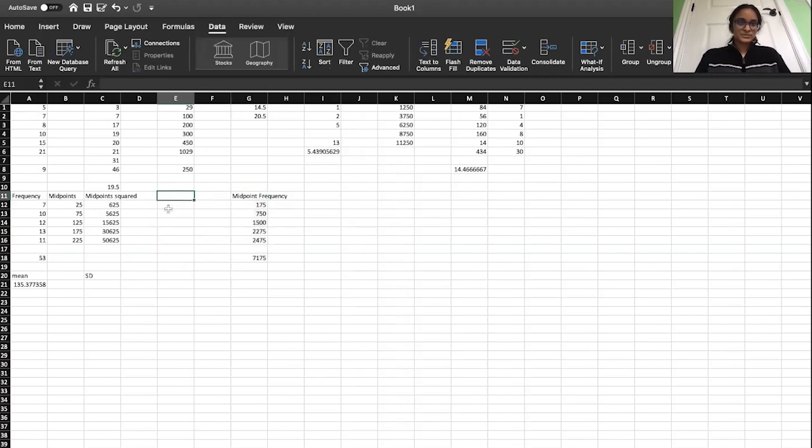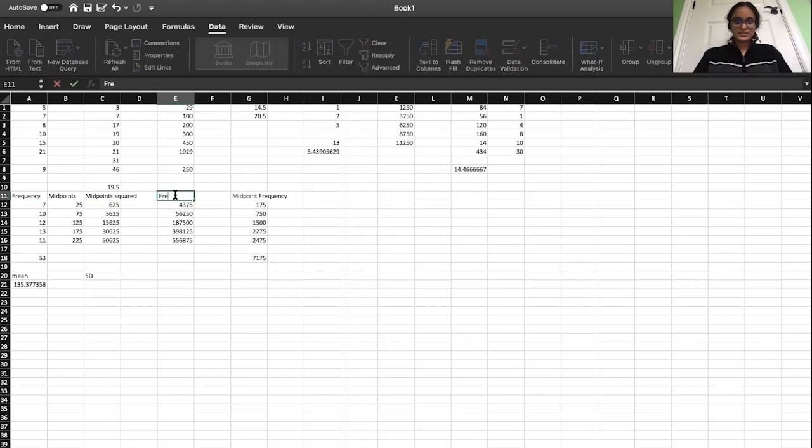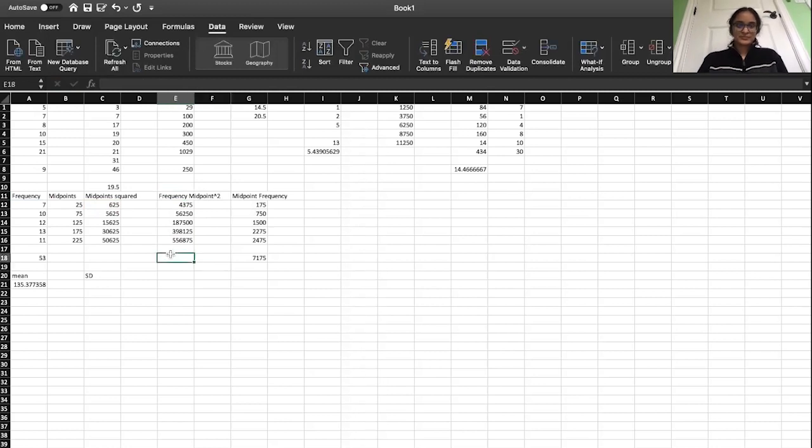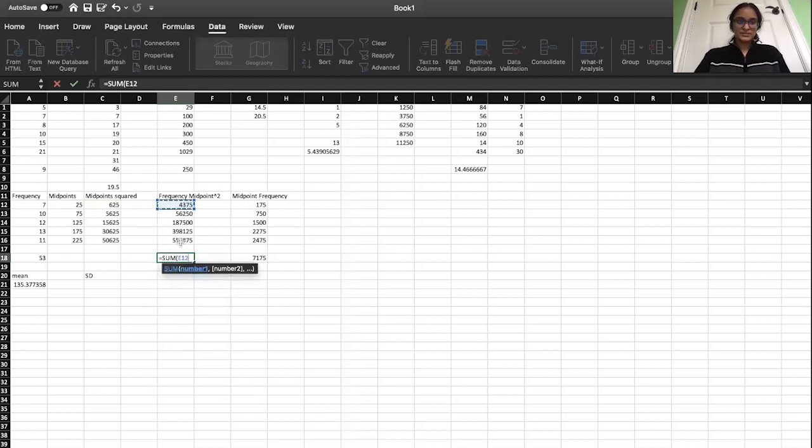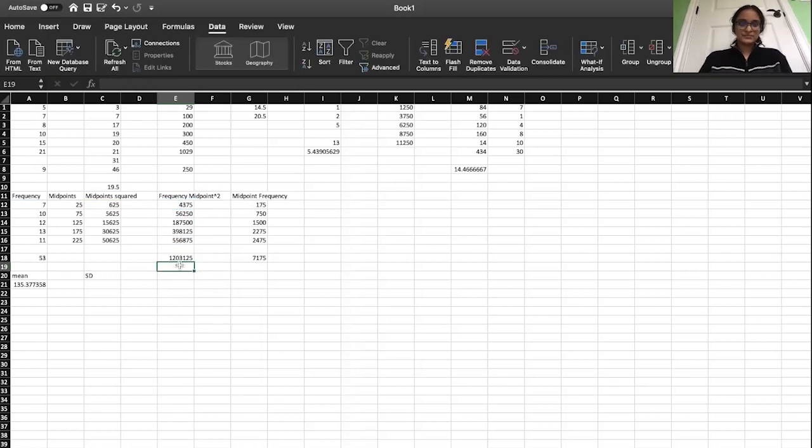I will do equals frequency times midpoint squared, click enter, and then drag this number all the way down. And then it asks me for the sum of this. I'm going to find the sum of all these numbers. Enter. So that's our first number, super big.